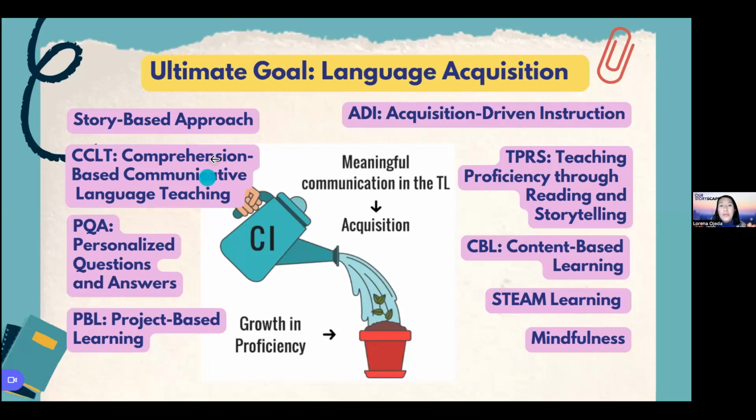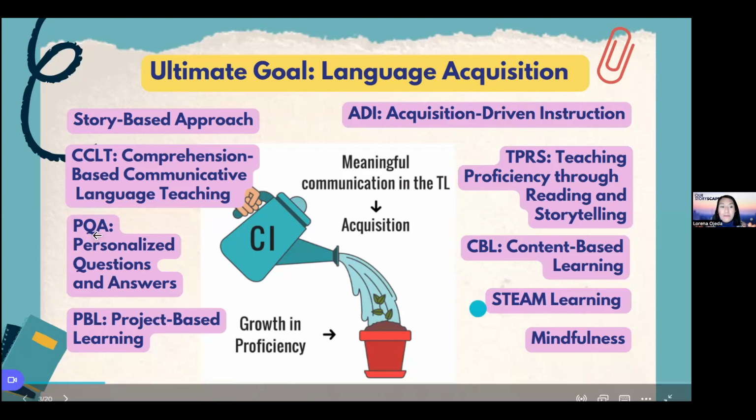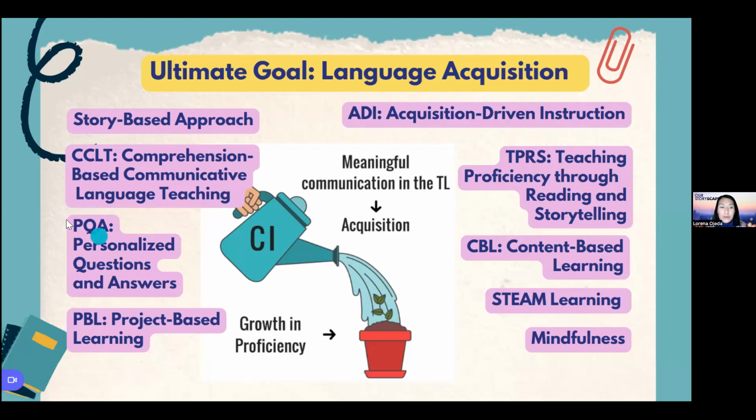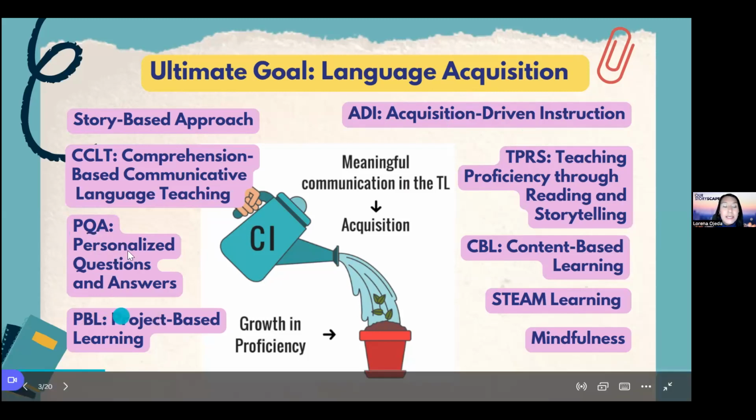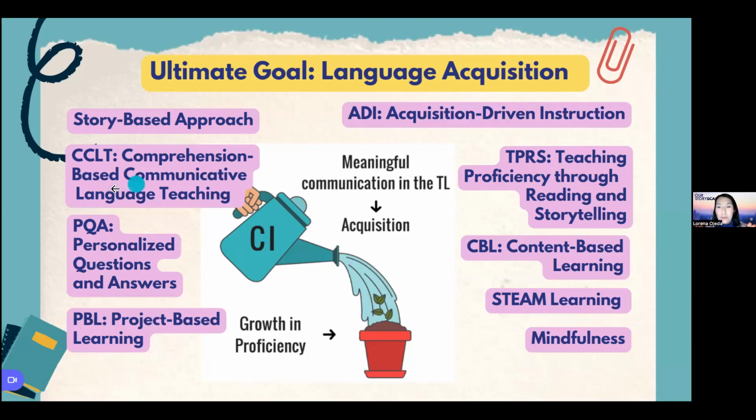So we have proposed to show you a different story-based approach that also combines with acquisition-driven instruction, TPRS, which stands for teaching proficiency through reading and storytelling, CBL, content-based learning, STEAM learning, mindfulness, PQA, which is another way to say personalized question and answer, PBL, project-based learning, and CCLT, comprehension-based communicative language teaching.